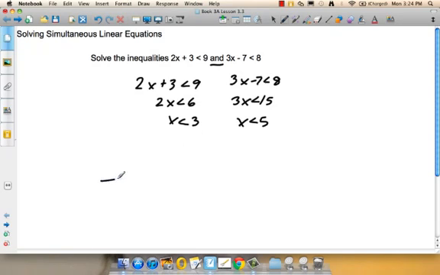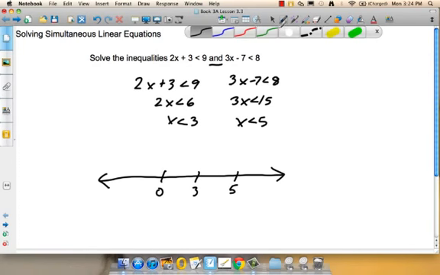So what I'm going to do is take all that information and place it on a number line. Let's see, here's 0, here's 3, here's 5. Alright, so my first solution, x is less than 3.